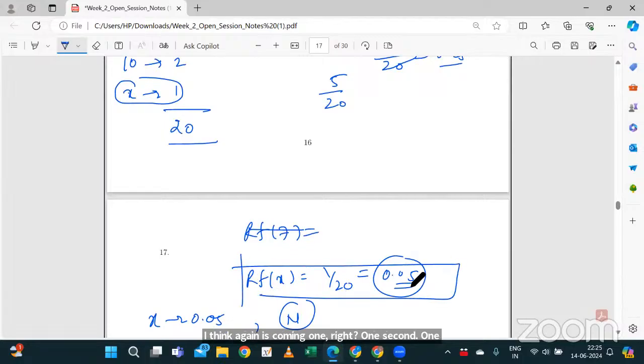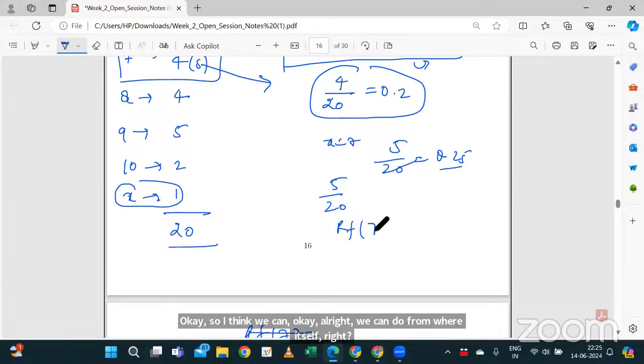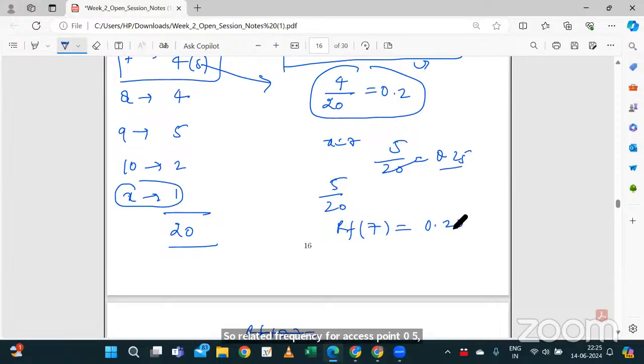So we can do it from here itself. The relative frequency for X is 0.05, and the relative frequency for 7 is 0.20. When will it become 0.25? Only when X is 7, right? This is just a basic kind of hit and trial, you can say.